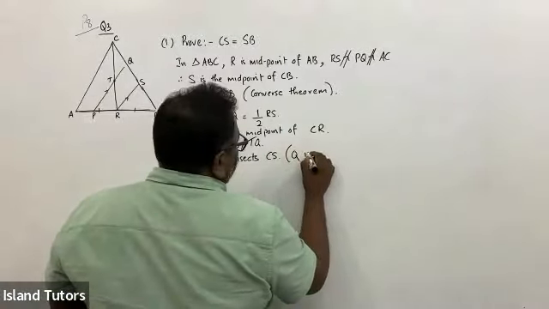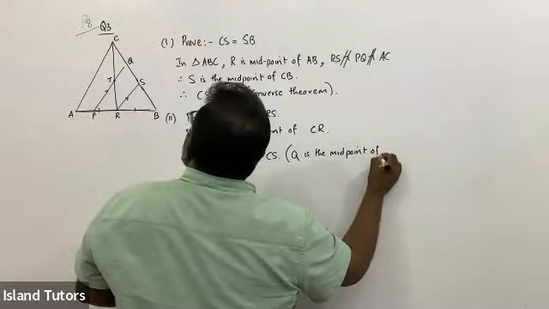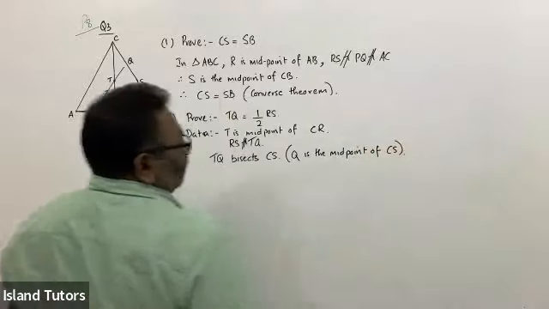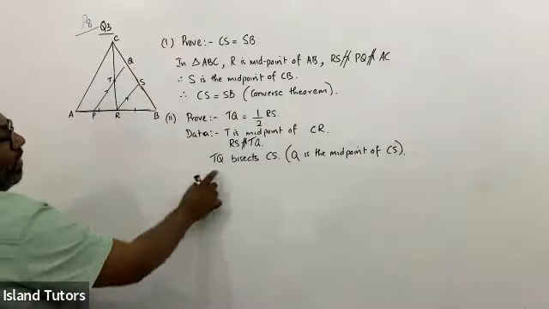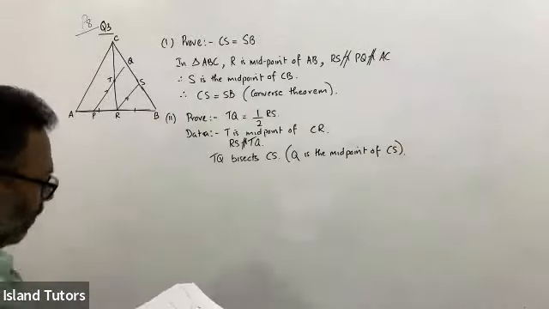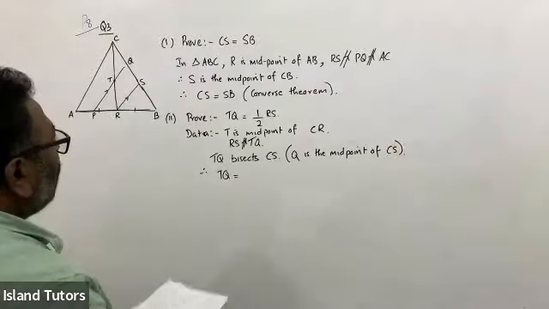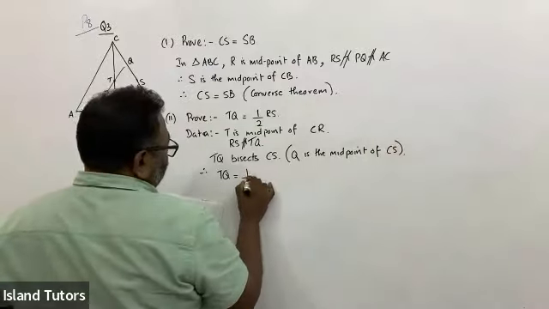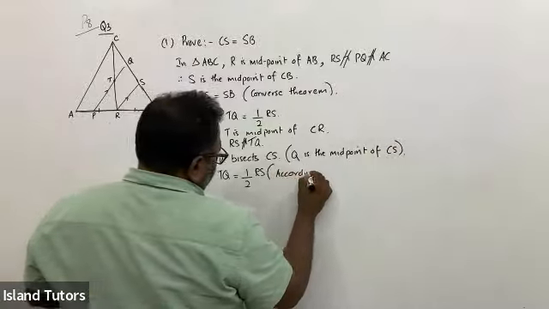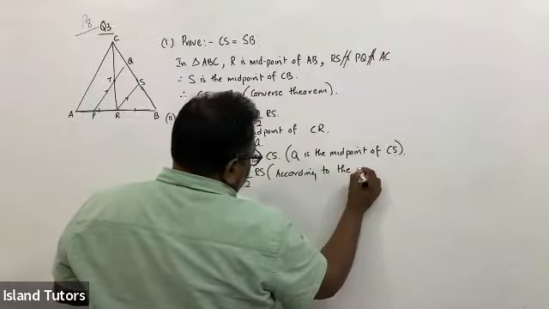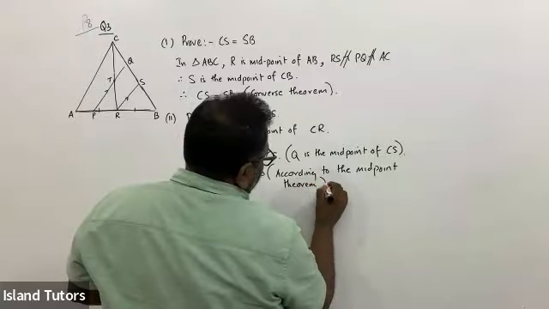Right? Q is the midpoint of CS, right? PQ bisects CS. Q is the midpoint of CS, right? Therefore, we can say PQ is equal to half of RS, right?